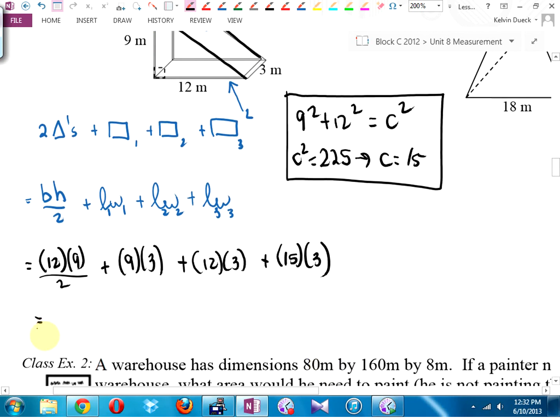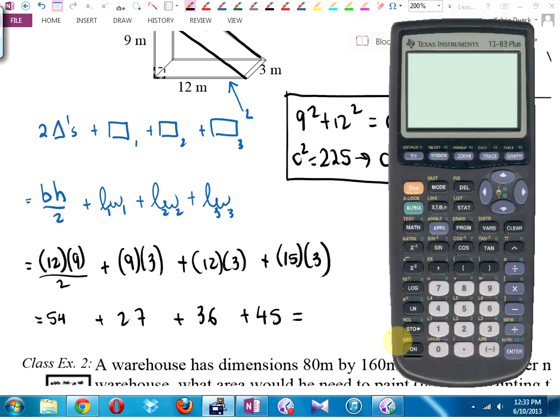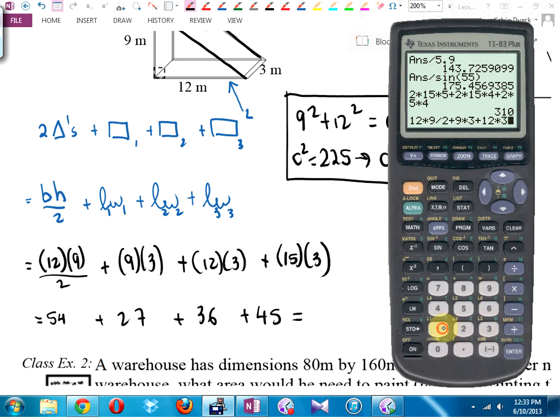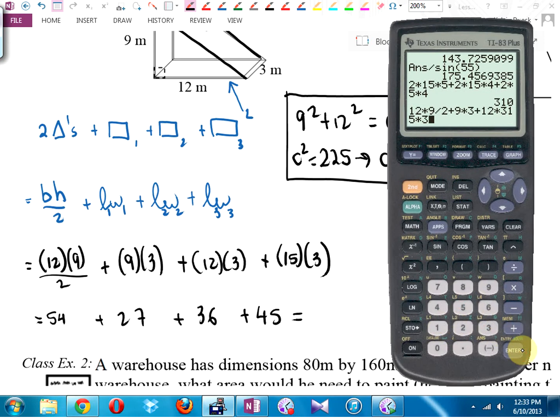Carefully try that on your calculator. You can try doing it all in one step, or you can do it in separate chunks if you want. I think it's going to be 54 plus 27 plus 36 plus 45. 12 times 9 divided by 2 plus 9 times 3 plus 12 times 3 plus 15 times 3.